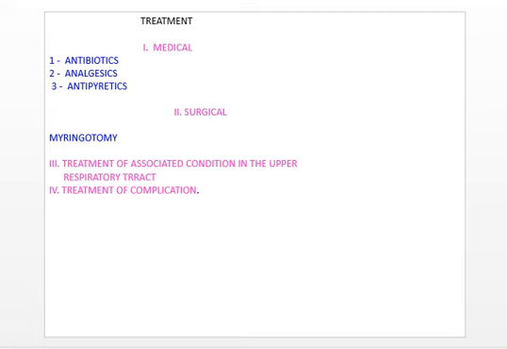Improper use of antibiotics can result in certain sequelae which we have just discussed.